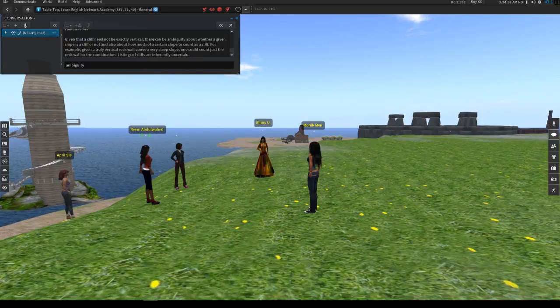For example, given a truly vertical rock wall above a very steep slope, one could count just the rock wall or the combination. Listings of cliffs are inherently uncertain.